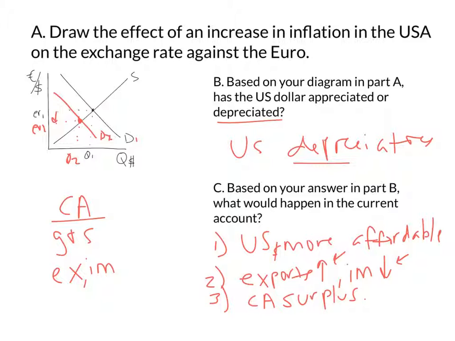Now, at this point, you might be questioning, well, wait a second, Mr. Nello. We said that the demand for the US dollar decreased, causing it to depreciate. But then, ultimately, our exports will rise, causing the demand for the dollar to increase.